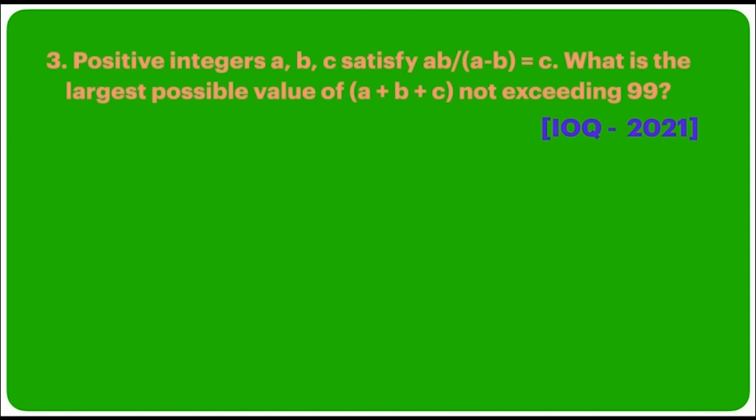So the problem is very important, and all these three problems are related to the common Diophantine type of equation, that is 1 by x plus 1 by y equal to 1 by a natural number.